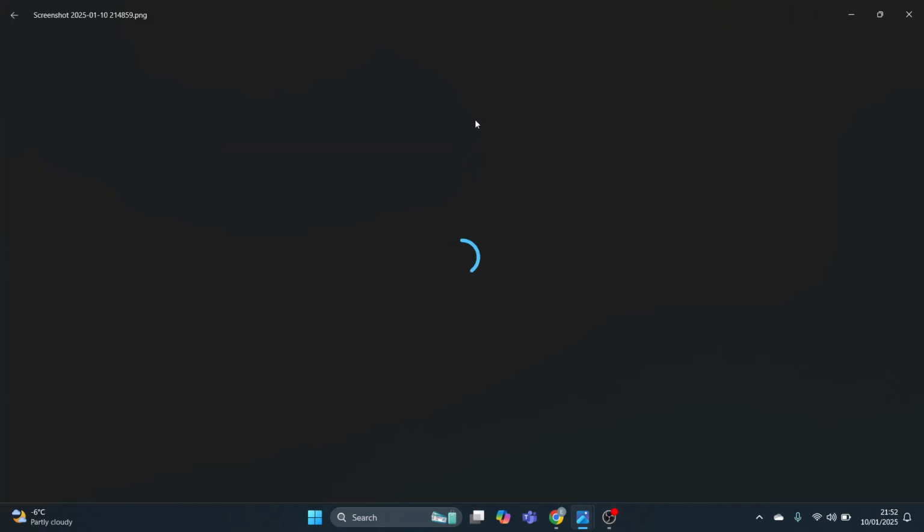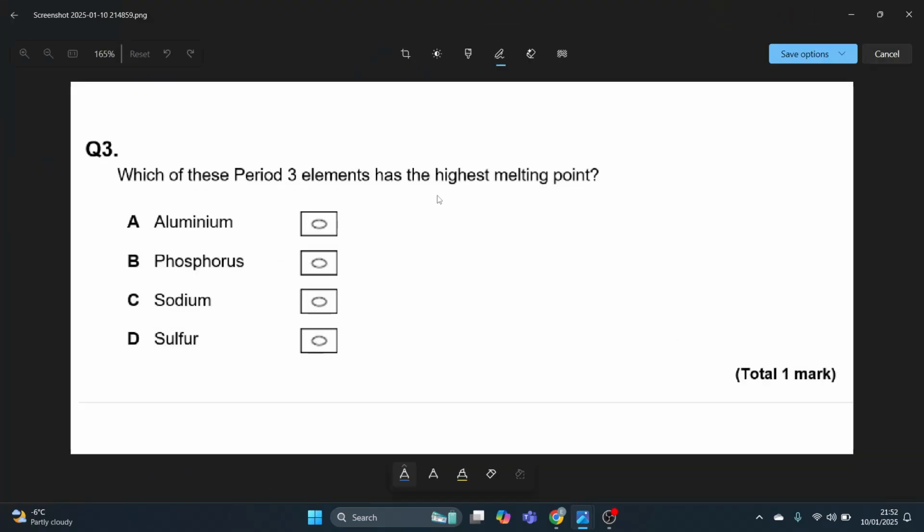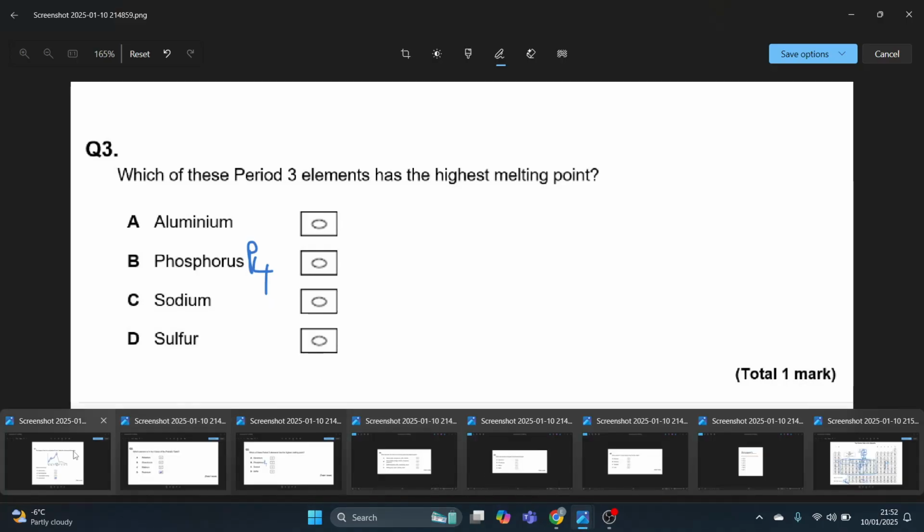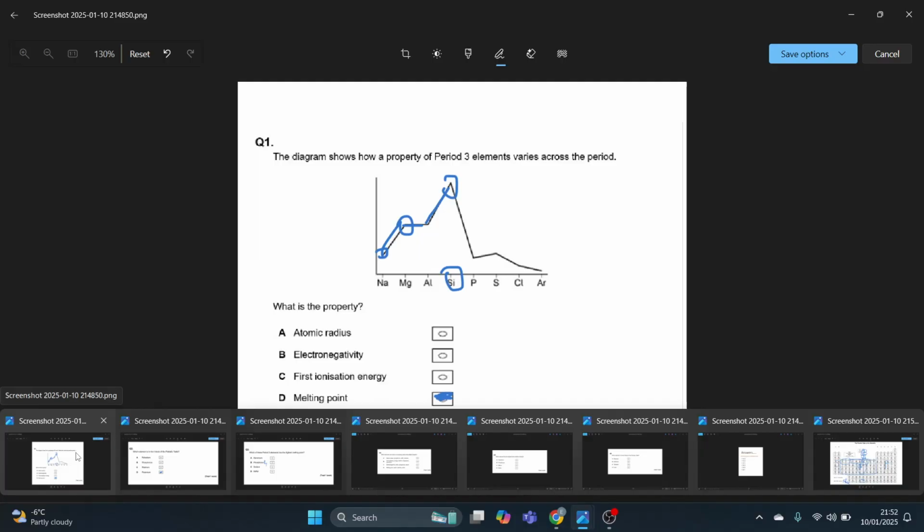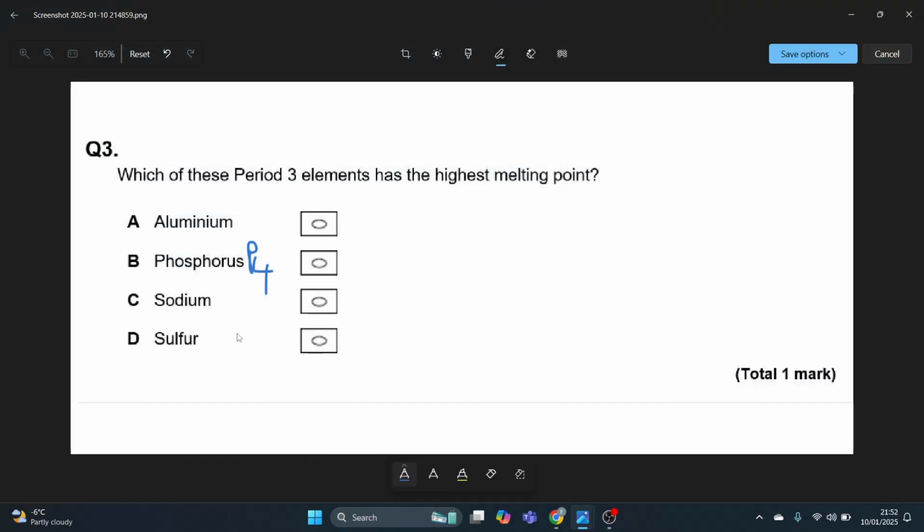Which of these period 3 elements has the highest melting point? Aluminium, phosphorus, sodium, sulfur. Phosphorus is P4, sulfur is S8, and I'm left, obviously it's going to be between A and C because they're both metals.